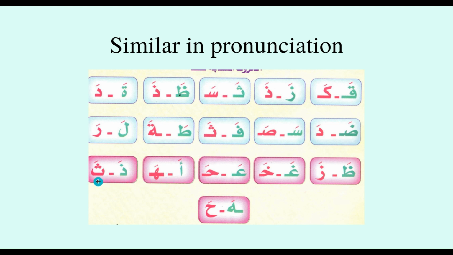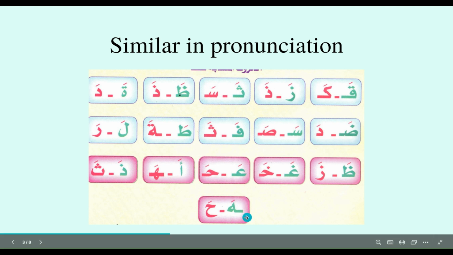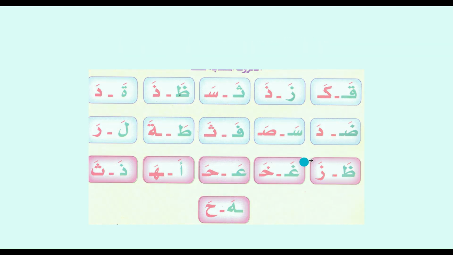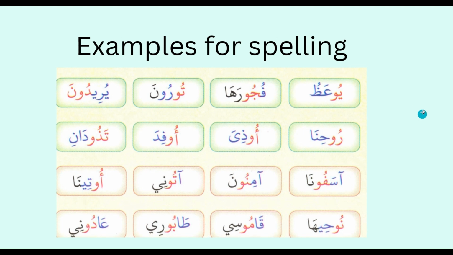The and the th, but like things. The last thing is ha and ha. Ha is like h. However, ha is more sharp, and also there is no equivalent for ha in English. However, you can do it.